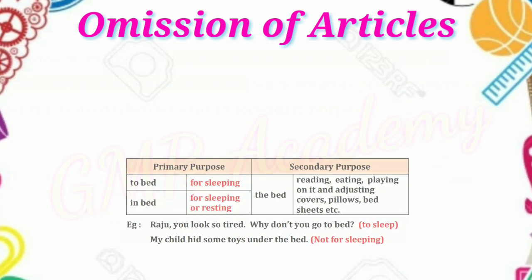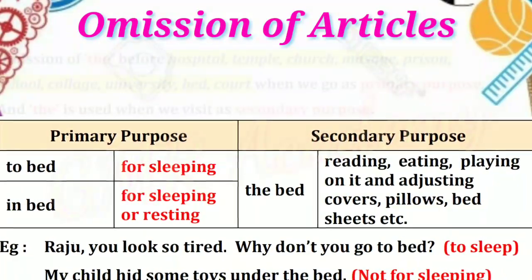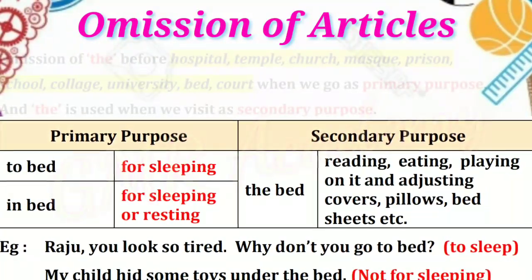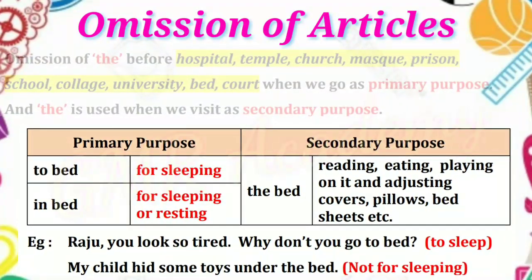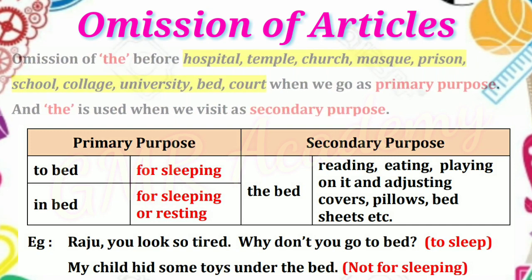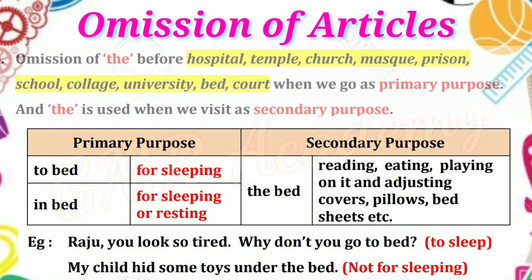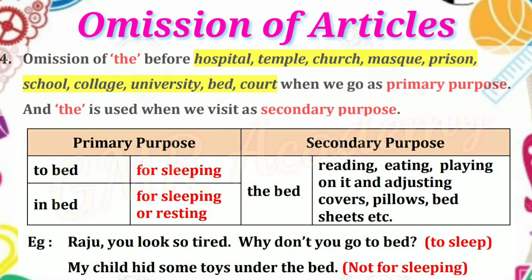Number 4. Omission of the article the before hospital, temple, church, mosque, prison, school, college, university, bed, and court when we go for the primary purpose, and the article the is used when we visit for a secondary purpose.